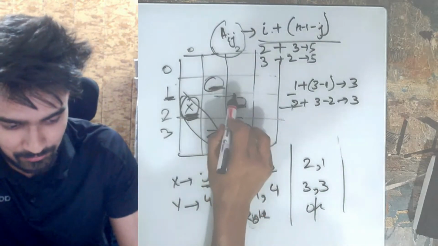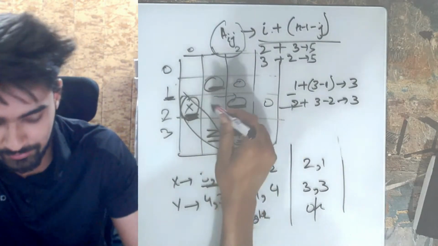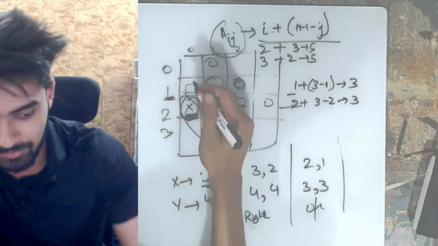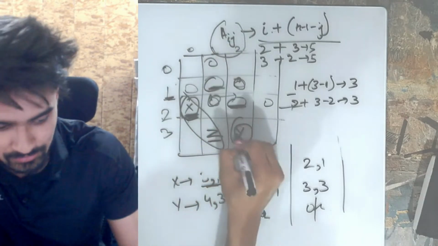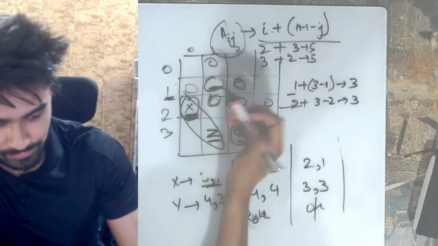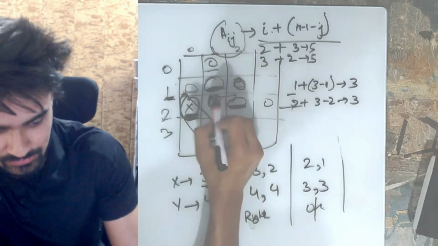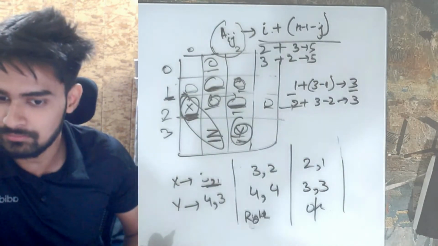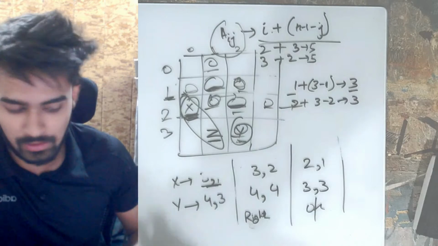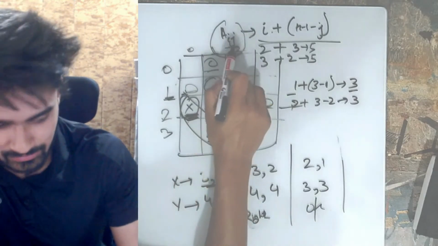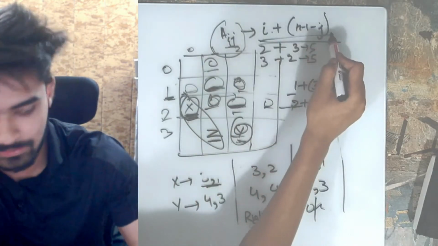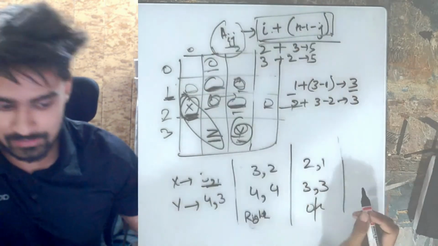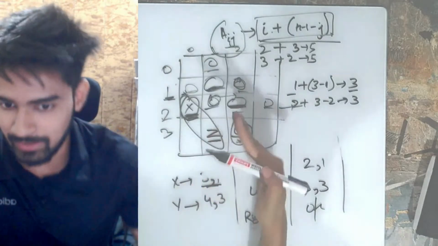Because if I move them right, it will be this and this. If I move them up, it will be this and this. If I move them left, it will be this and this. And if I move them down, it will be this and this. But the value of this and this will always be 3. So what I need to do is for every i j, I need to find out this value. And whichever value of this is highest, I can say that I'll bring them on my diagonal.